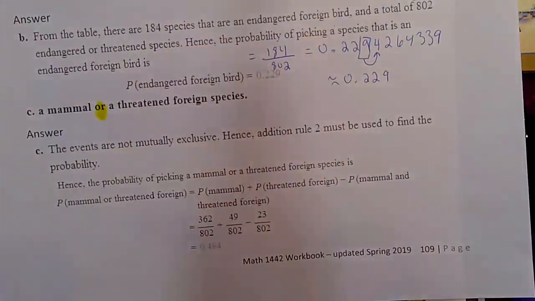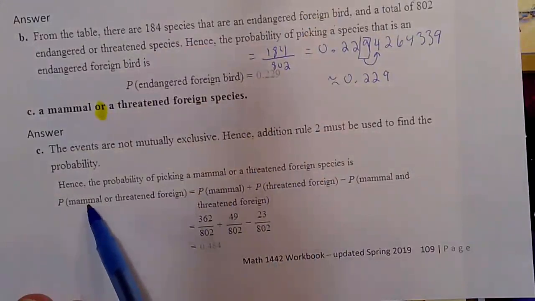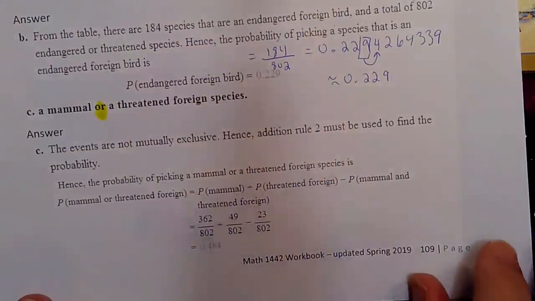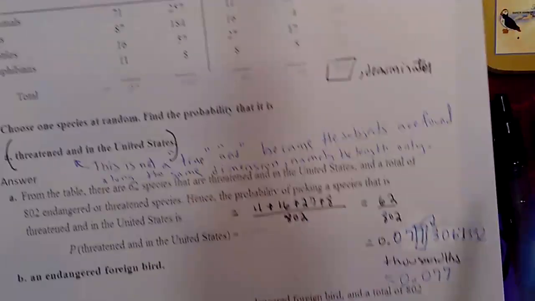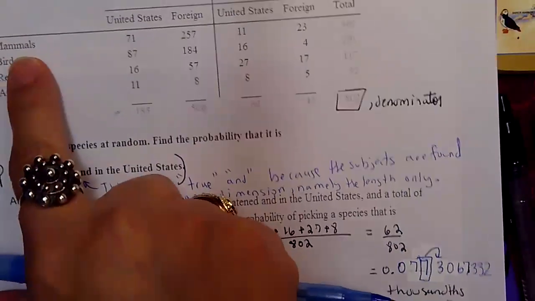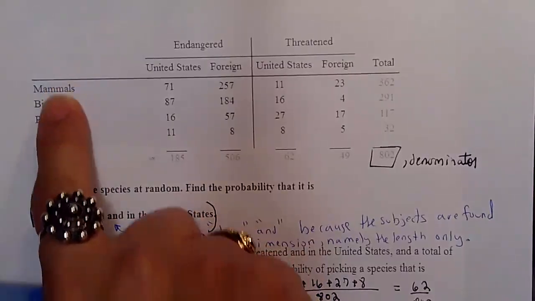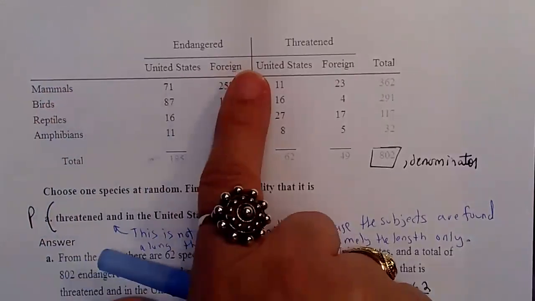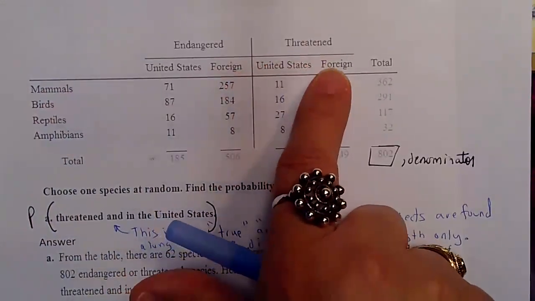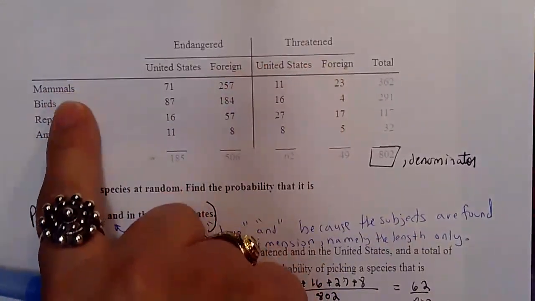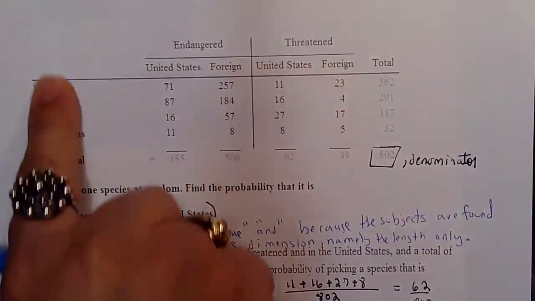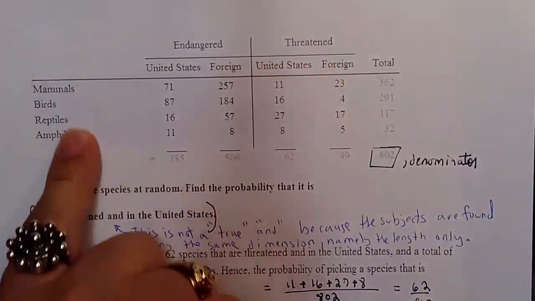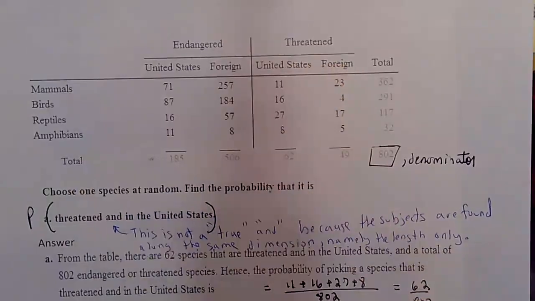So we have a mammal, and we have a probability that you have a mammal or a threatened foreign species. So the mammal comes from here, or a threatened foreign species. Yeah. So you see, you're taking from both dimensions, the width and the length.